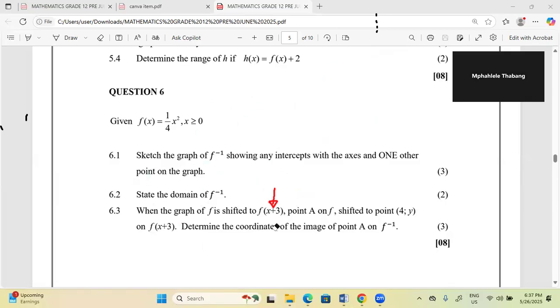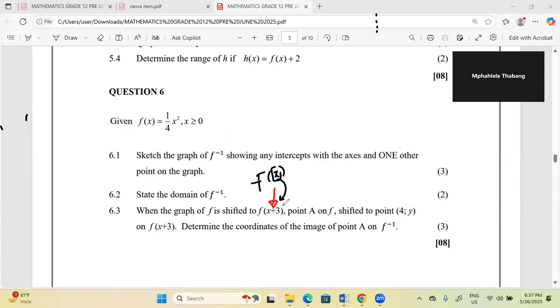How are they shifting the graph of f? Mathematically we are used to functions being written like this, f of x. But they are saying f of x plus 3. So they are doing something to the x value. They say go to the graph of f, where you see x, you substitute it with x plus 3.